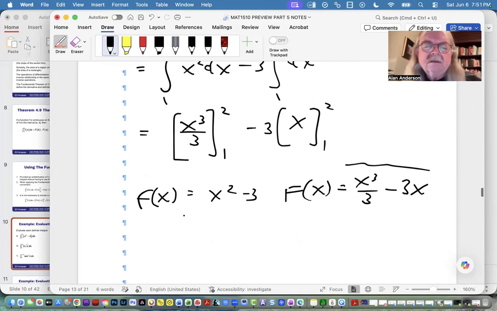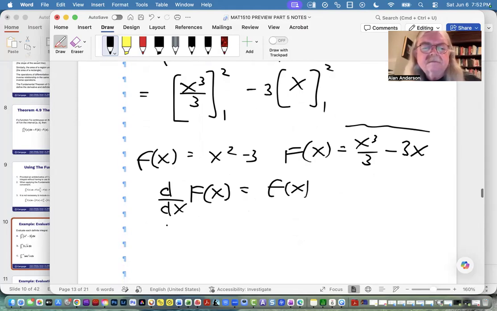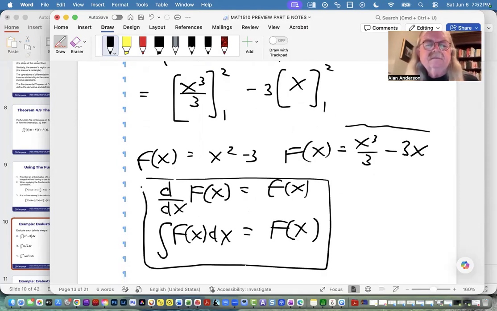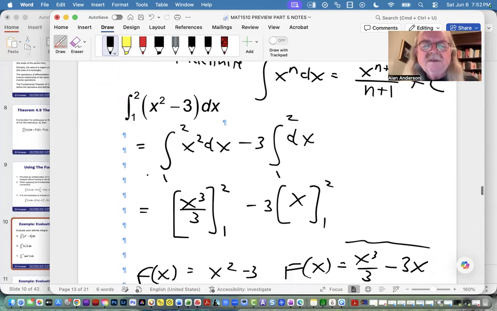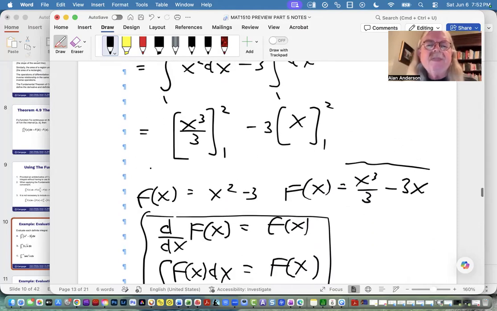Okay, so the derivative gives us this. That's how they're related to each other. Oops, okay. Anyway, so we can just carry on from here.